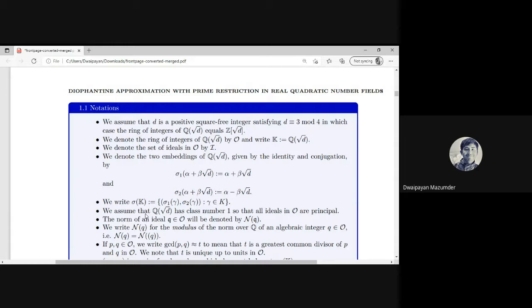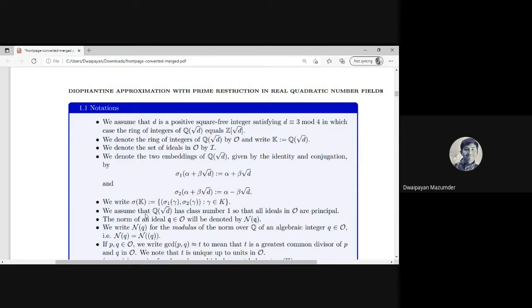We will assume, as I was saying, that the class number is 1, so all ideals are principal. If you take the norm of an ideal, it is just the norm of q, if q is a generator of this ideal. The norm of q is the modulus of the norm of the algebraic integer q.